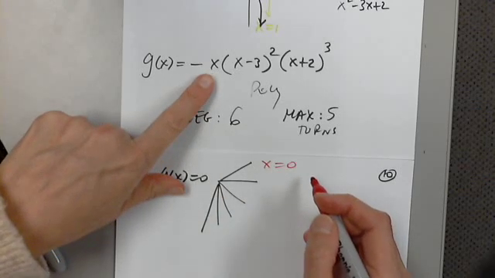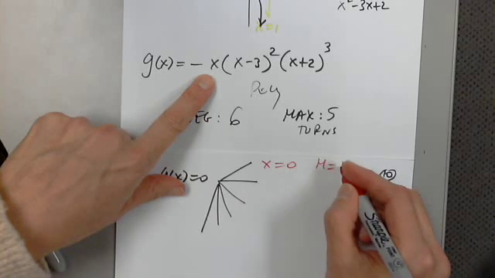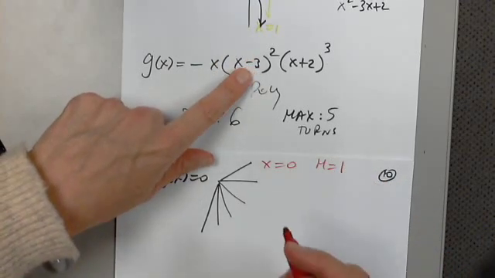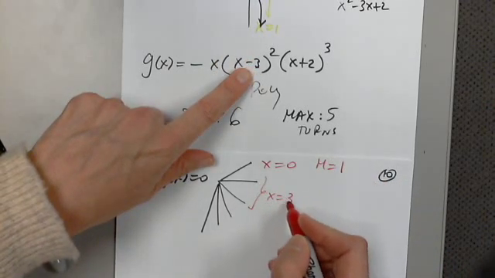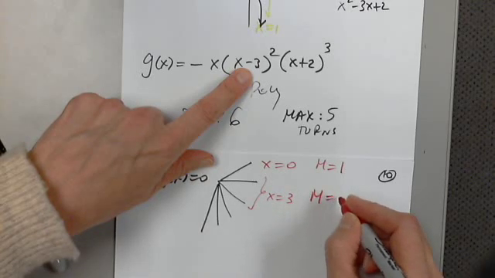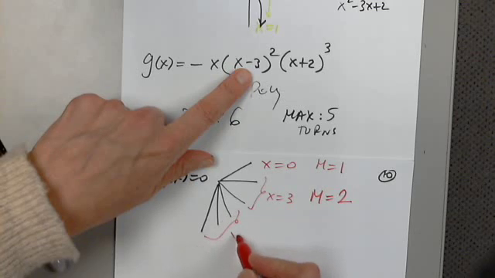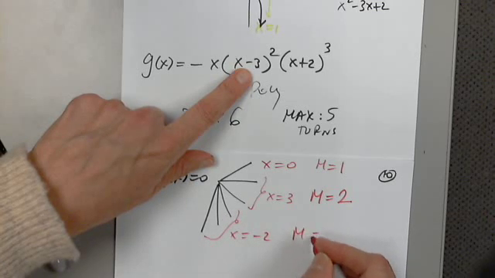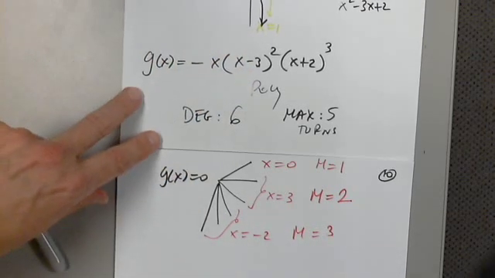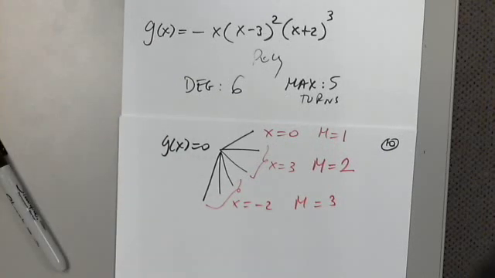There is only one 0. Multiplicity 1. X equals 3 multiplicity. Good. And x equals negative 2 multiplicity. Very good. Awesome.